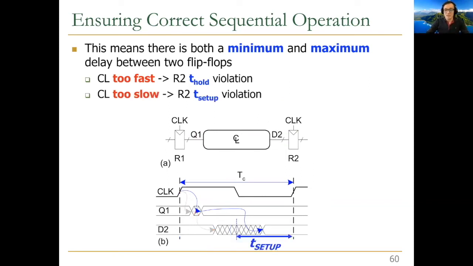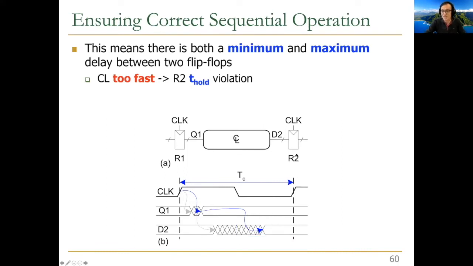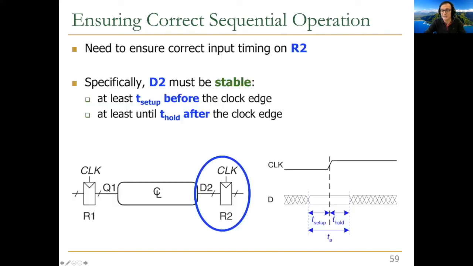Okay, if the combinational logic is too slow, meaning that if D2 becomes available too late in the clock cycle, or maybe it doesn't even become available in the clock cycle, right? It's too long. This combinational logic takes too long to evaluate. You may actually violate the setup time of this register 2. Because what does the setup time of this register 2 say? Let's go back to this picture over here. It basically says, before the clock rises, we need to have some time for D to be completely stable.